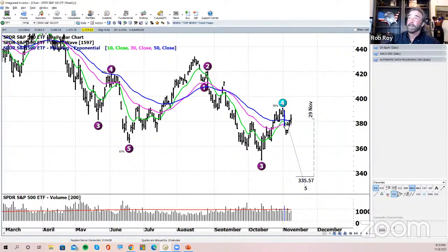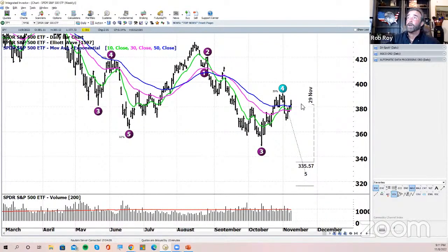But the 10, 30, and 50-day moving averages are all converging here, and we've got a doji sitting right on top of the 50-day moving average. I think tomorrow is going to tell us a lot as far as whether or not we bounce back to the upside and create a new wave 4, possibly at that 61.8% level, or if we turn and start to head to the downside.